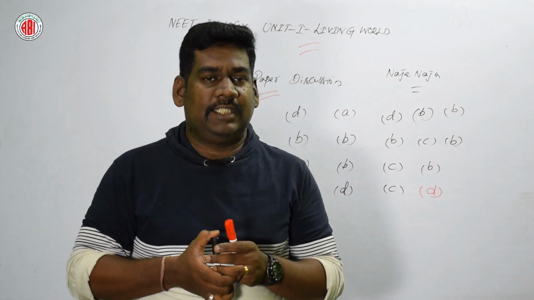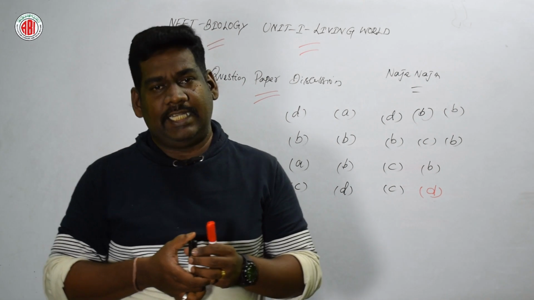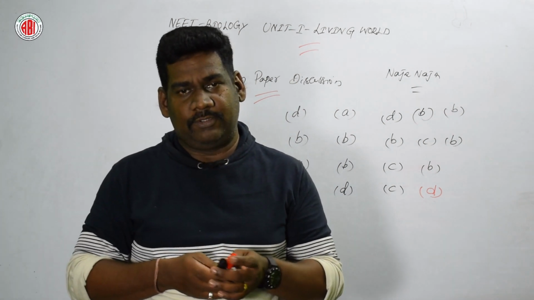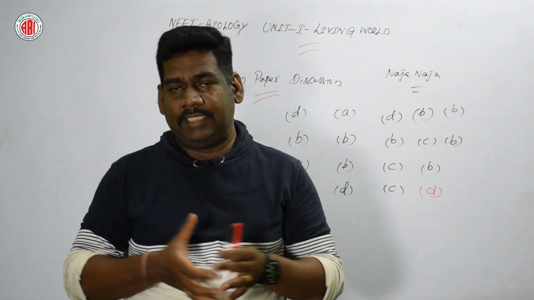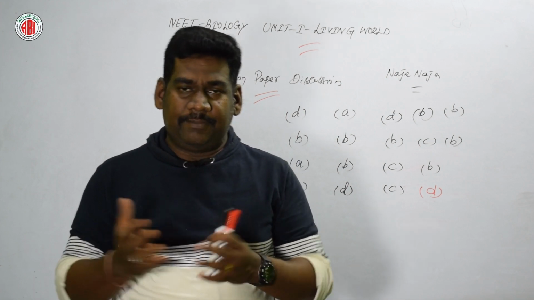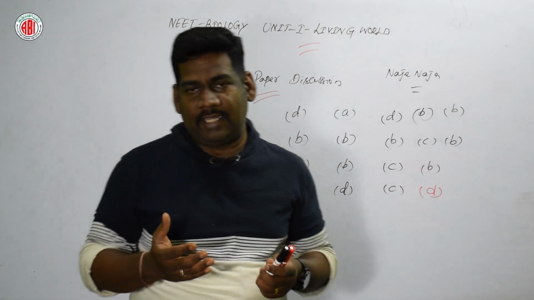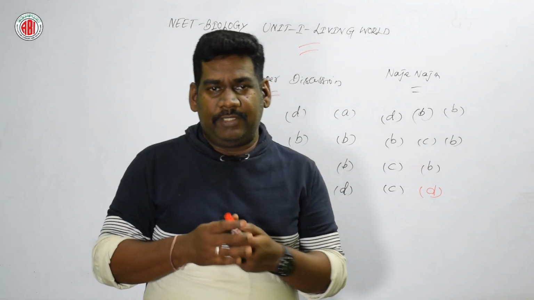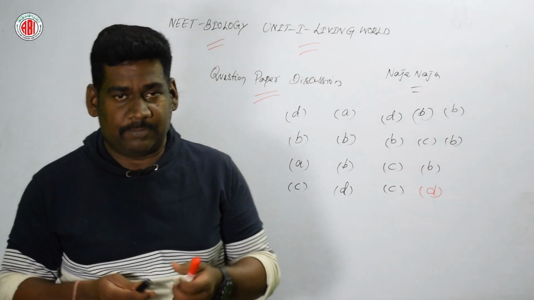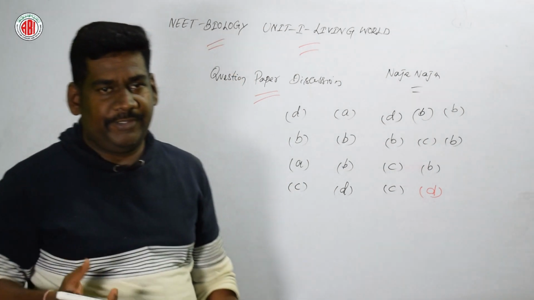So that is not based on the cell wall and that is not based on the genetic material, of course. Types of organelles, when we are talking about, you can see in some categories similar types of organelles, in some categories different types of organelles. So mode of nutrition is the right answer for this question. Option D, mode of nutrition.